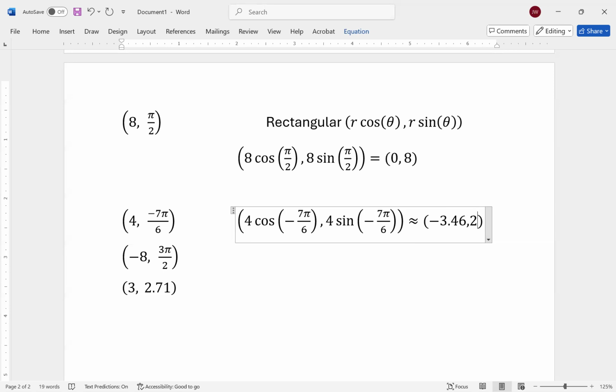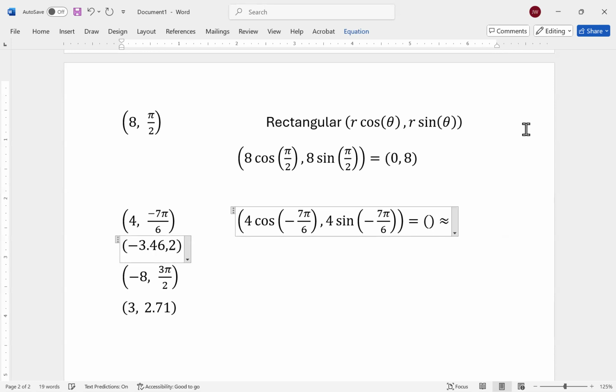You could, if you looked on the unit circle, get the exact value if you wanted. On the unit circle, you would end up with root 3 over 2. I'm sorry, not 2, negative 2 times the square root of 3 as your x value. And then obviously 2 is your y value.